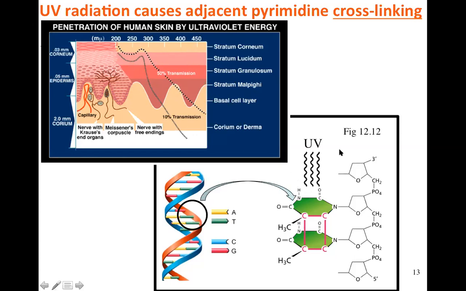So the type of damage that UV radiation causes is very specific. UV radiation cross-links adjacent pyrimidines. So here we have a backbone of DNA, and we have two pyrimidines at this particular site here. Right? The UV radiation, the energy comes down, and the radiation basically causes the molecules, the atoms, to vibrate. And remember, these atoms are bonded together.